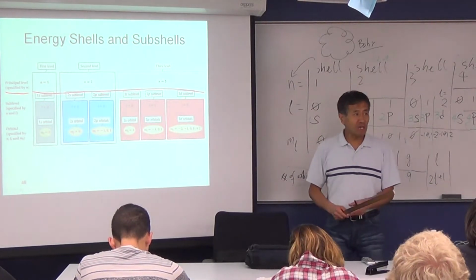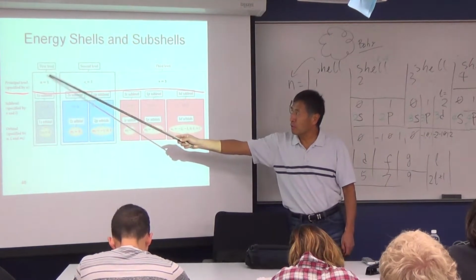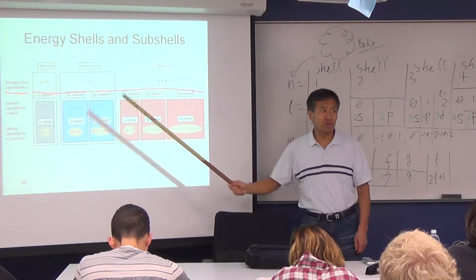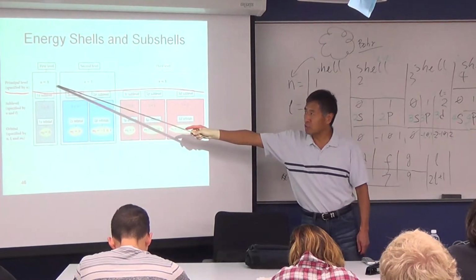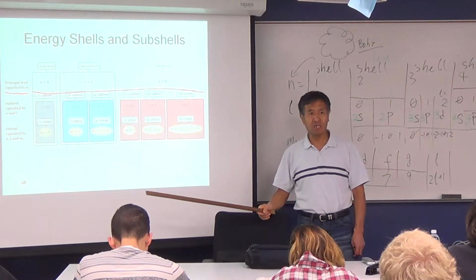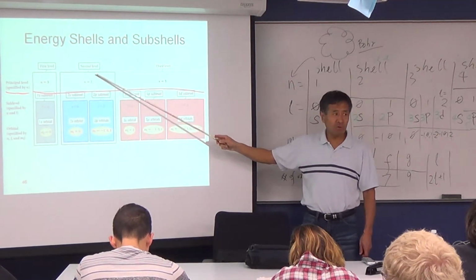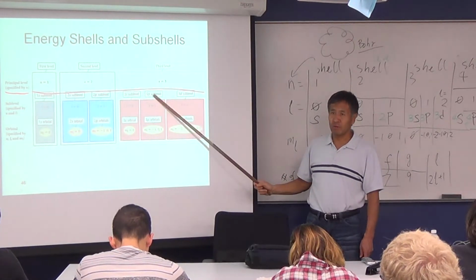If you only tell me that, I only know the so-called principal level. Sometimes you don't have the negative side. You will see just first level, second level, and third level.